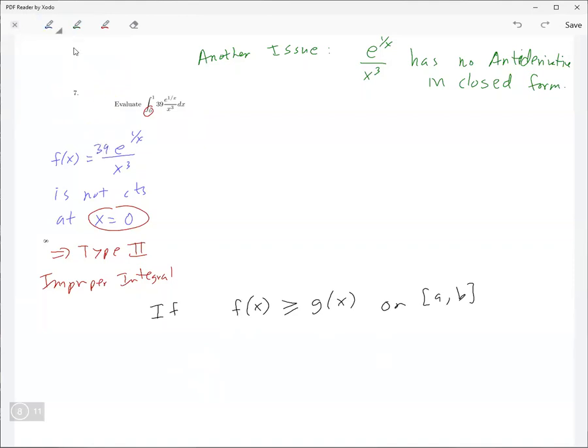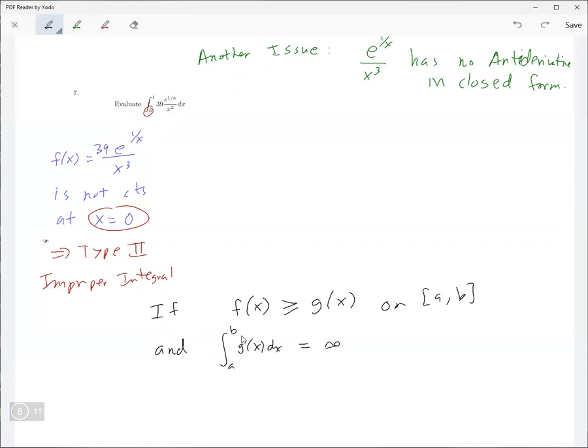Okay, so if our function, in this case this function, is bigger than some other function on the interval from a to b, and that other function diverges.